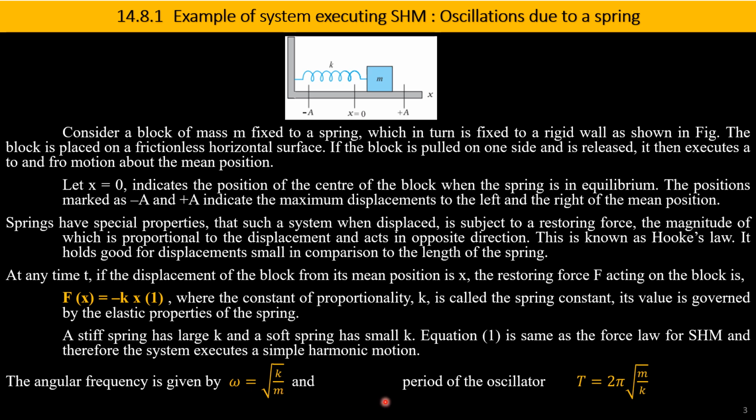And also the period of oscillation is given by the relation capital T is equal to 2 pi into square root of m by k. This relationship we have proved in our previous video lesson.